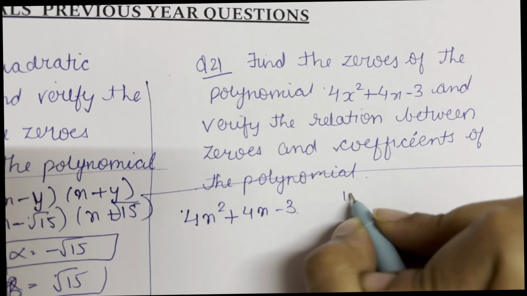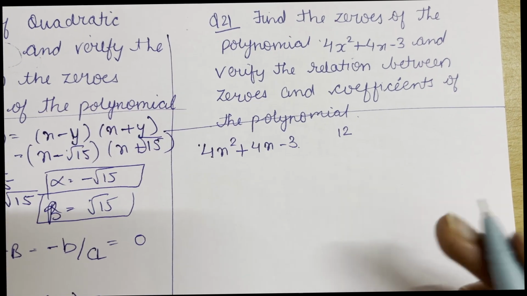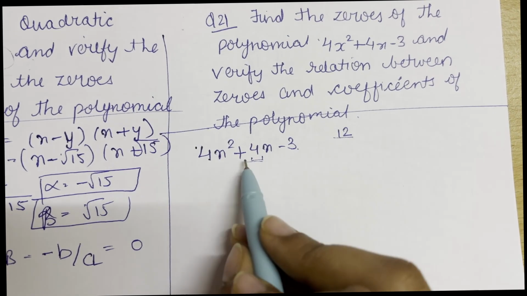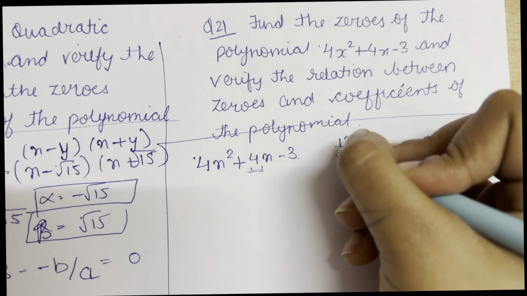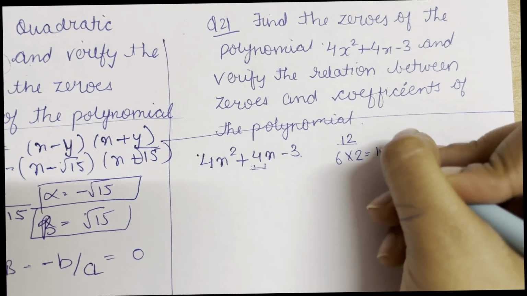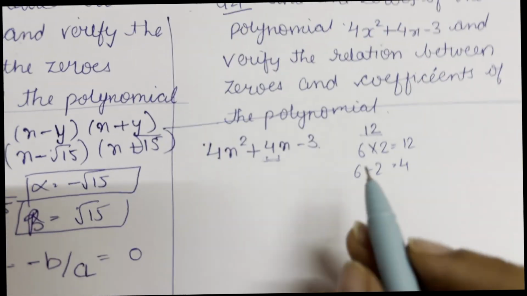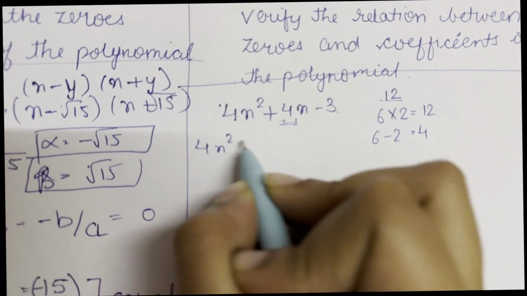4 into 3 is 12, and we need to find values whose product is 12 and whose difference is 4. So I get it: 6 into 2 is 12 and 6 minus 2 is 4. So I simply solve it by middle term splitting.